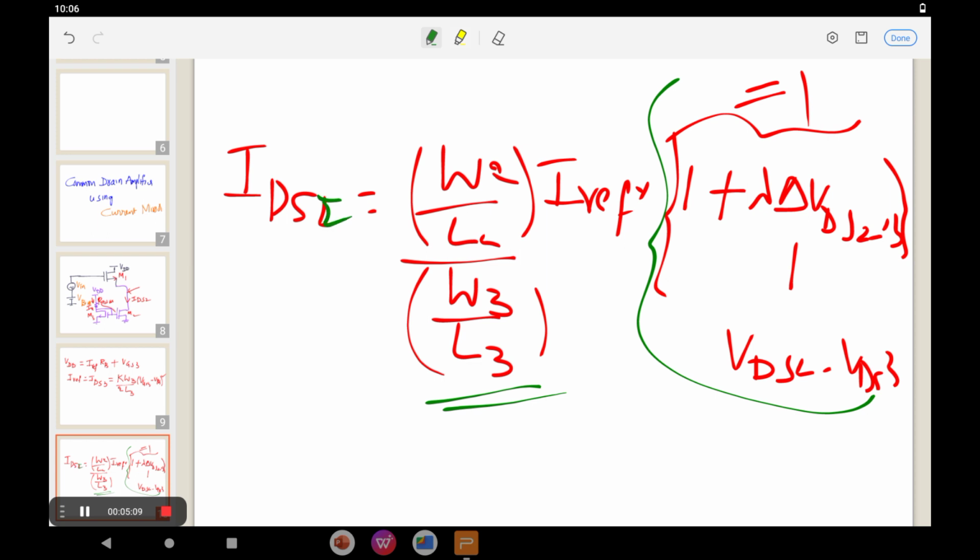So IDS2 is equal to W2 by L2 into W3 by L3 into I reference.